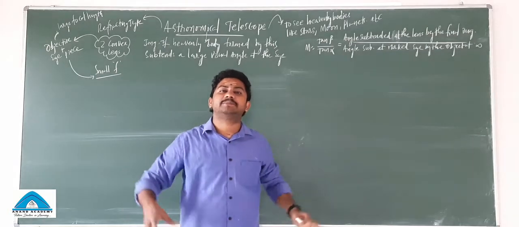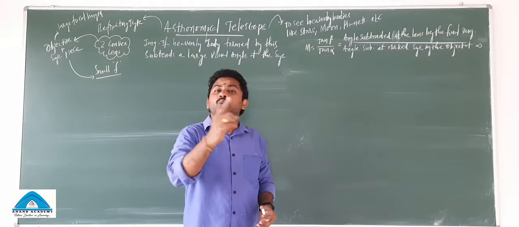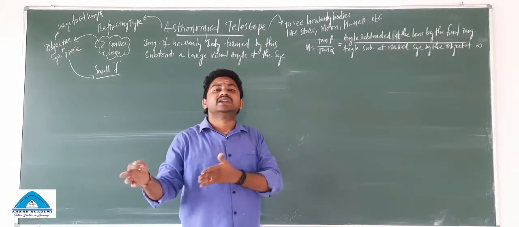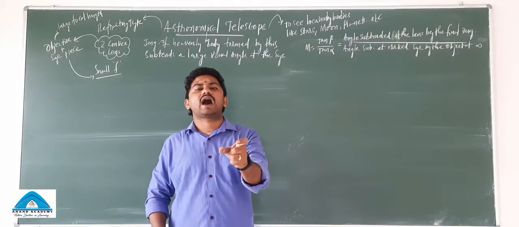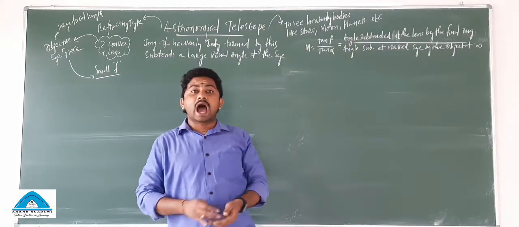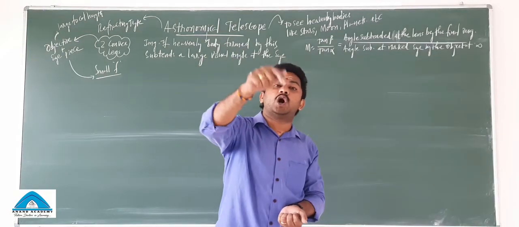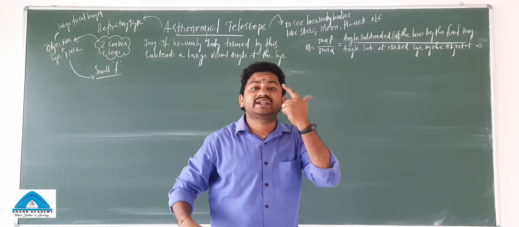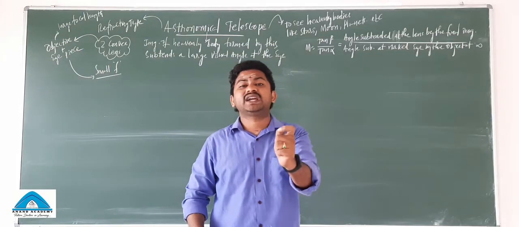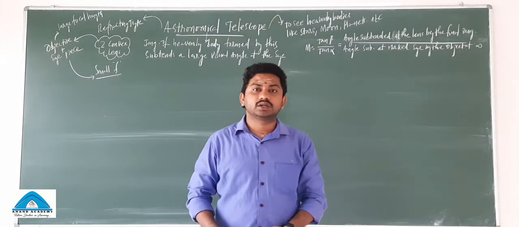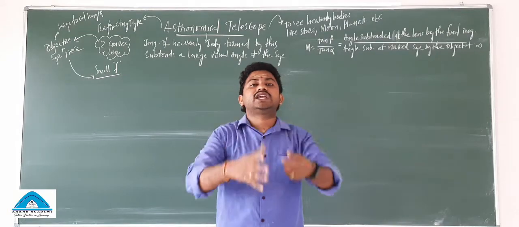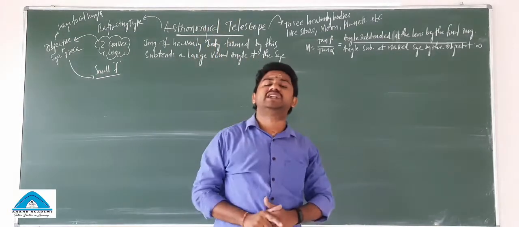The formula remains the same, but your very important alpha value will be different. So what is the alpha in the case of microscope? Alpha is the angle subtended by the object on the naked eye when the object is kept at the near point. Here the object you cannot keep at near point, it is always at infinity.